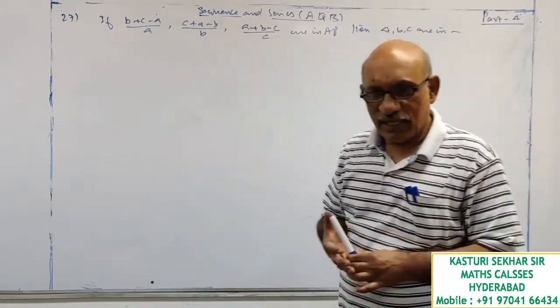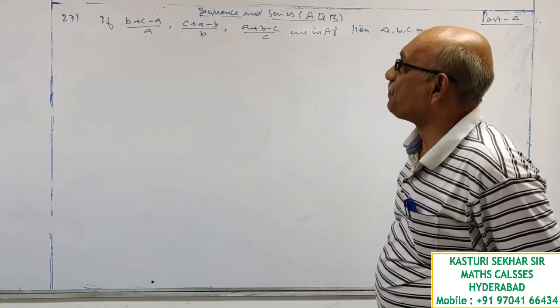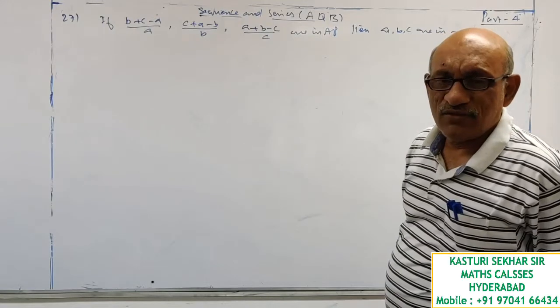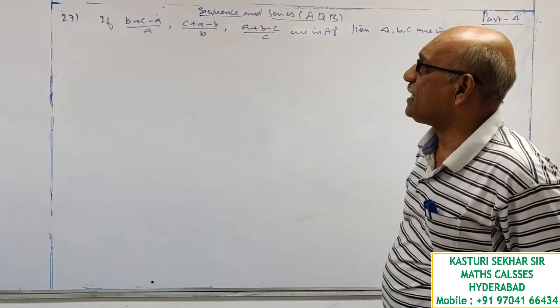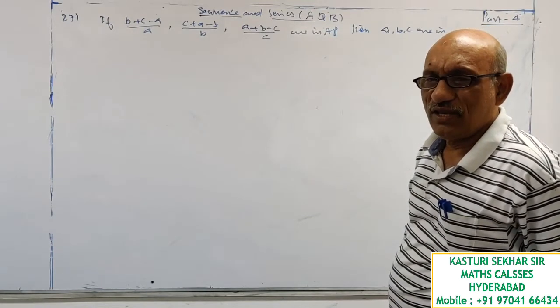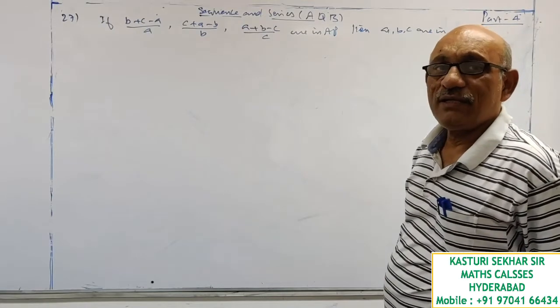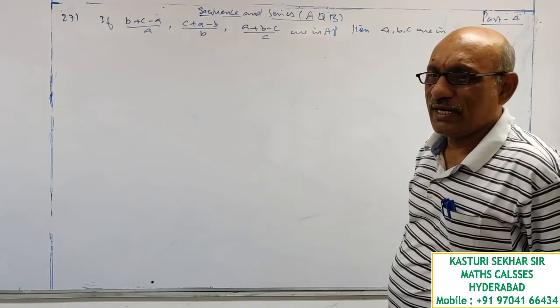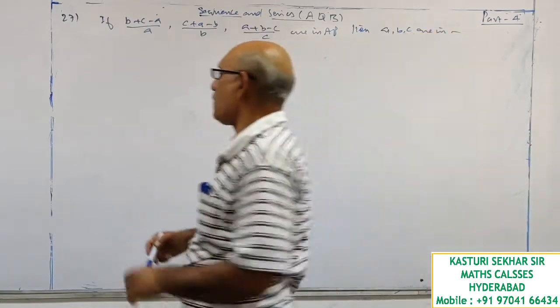There is a property in arithmetic progression. What is that property, sir? When a constant is added to each term of an AP, the resulting sequence is also in AP. So to bring a common term in the numerator, I am adding 1 on a trial and error method.